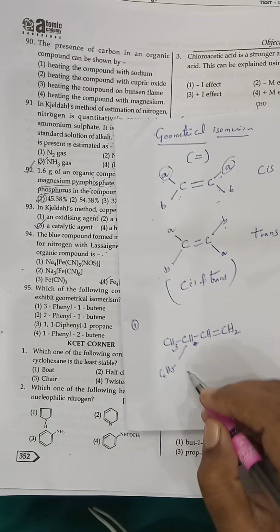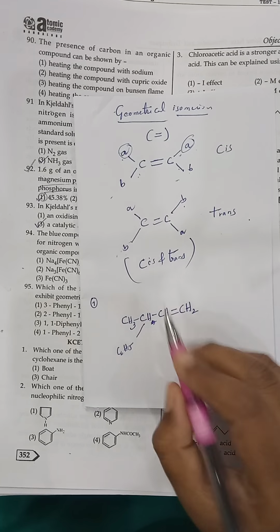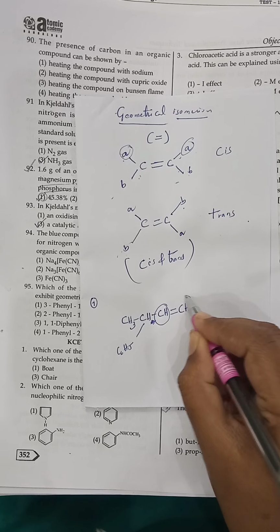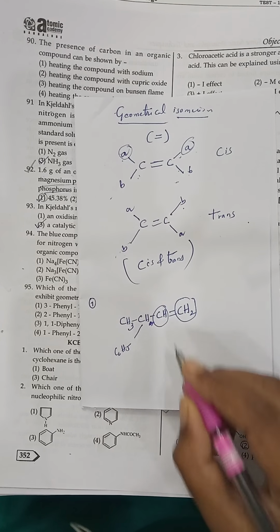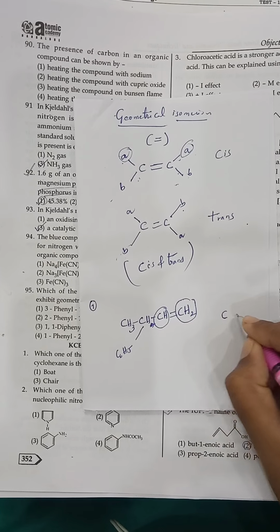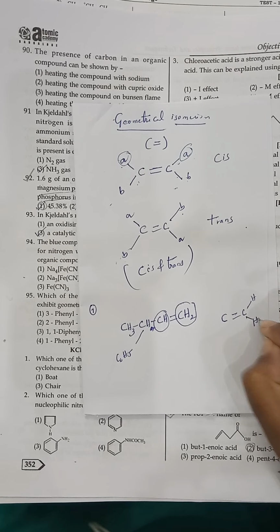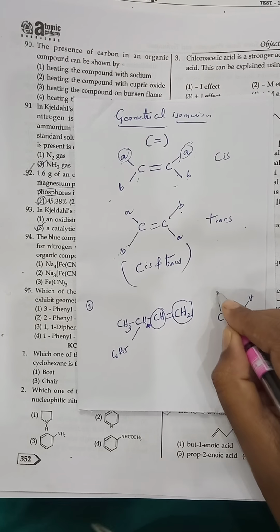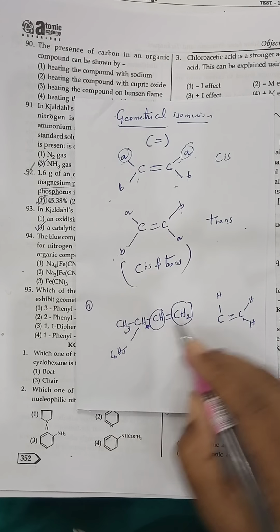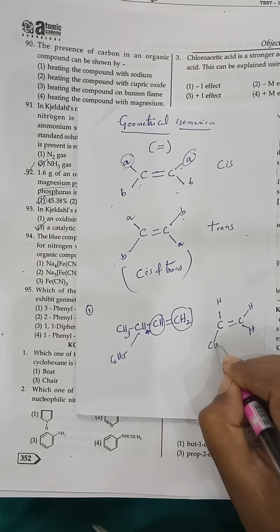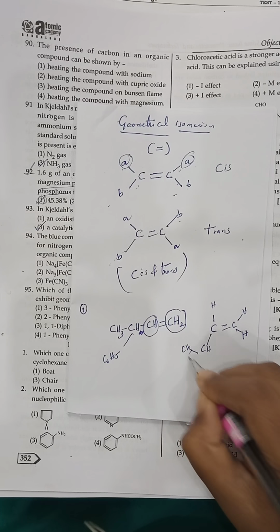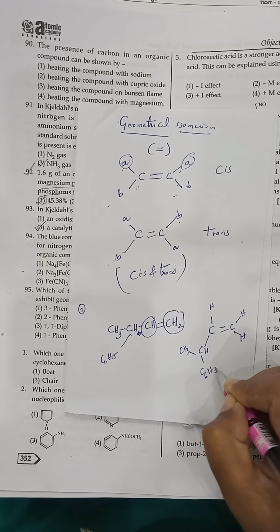Now if you see this compound, in geometrical isomerism you have to consider only the double bonded carbons. Just write these separately. C double bond C, upon this carbon 2 hydrogens are present, write like this. Upon this carbon 1 hydrogen, and another group is CH CH3 C6H5.